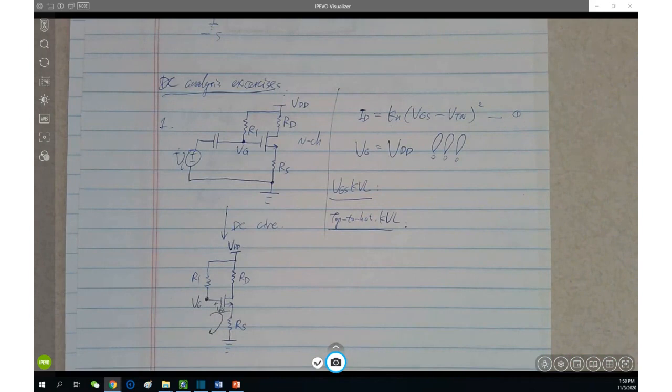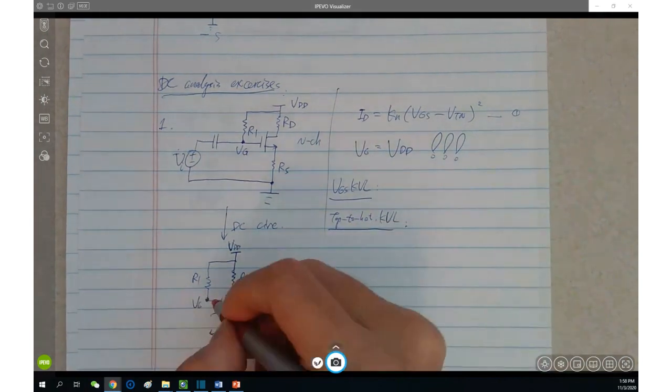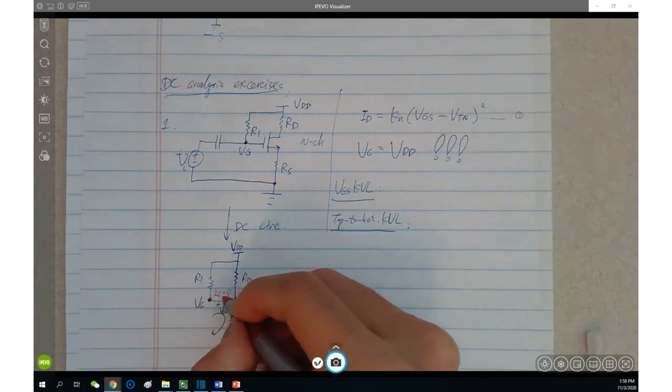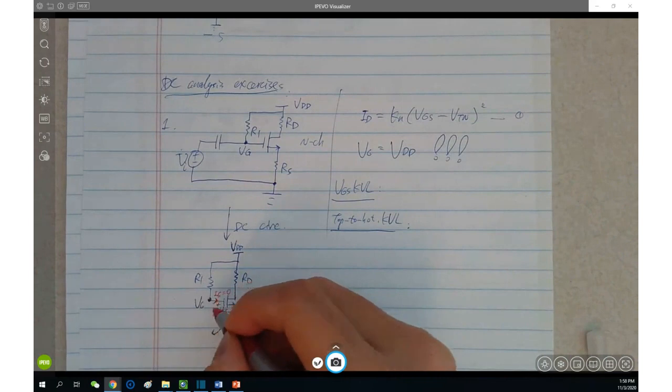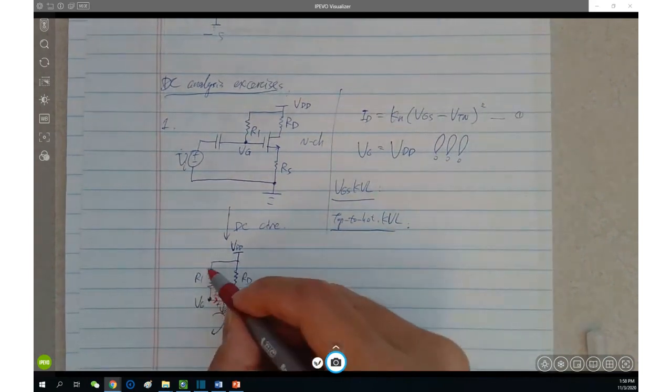Is it because there's no current across that gate? Very good. Okay, Shane is right. Why does VDD equal VG? Simply because I gate equals 0. There's no current here.